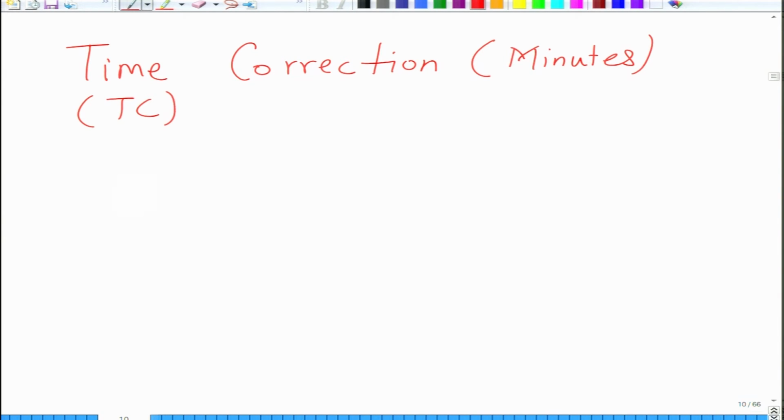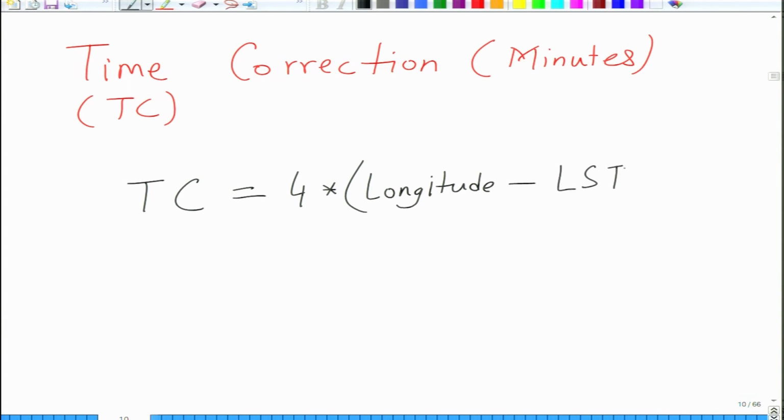So time correction is given as TC is given as 4 into longitude minus LSTM, which is what we looked at first, plus EOT, and this factor of 4 comes because you have 15 degrees per hour.